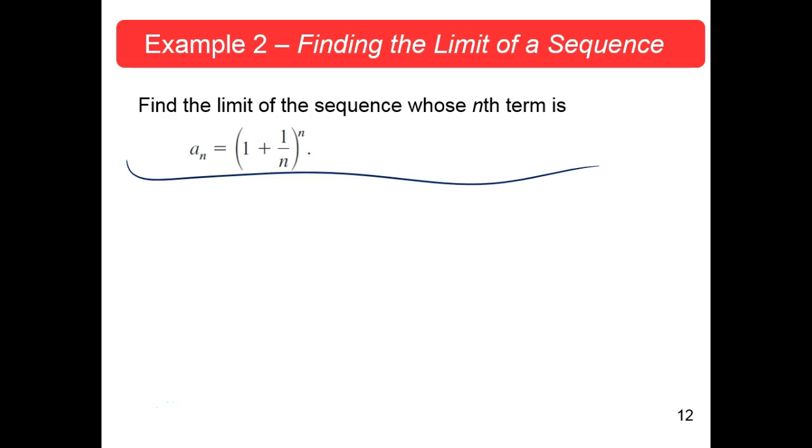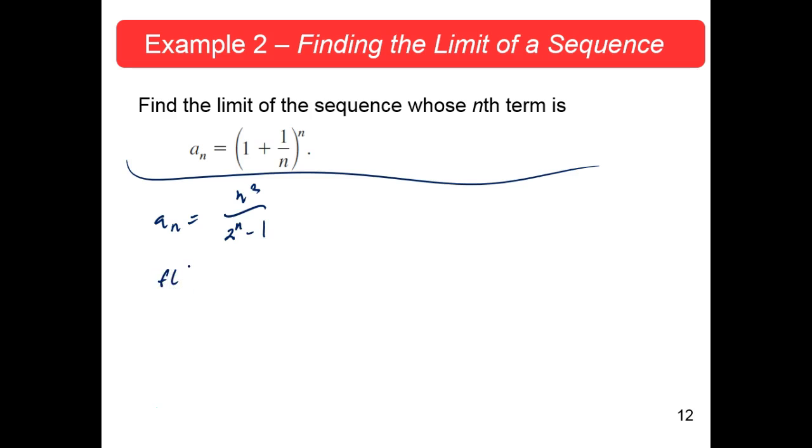Show that the sequence whose nth term is a sub n, equal to n squared over 2 to the n minus 1, converges. Now, this I'm pretty sure was our example C from before, wasn't it? I believe so. Okay? Now, again, let's go to the function.